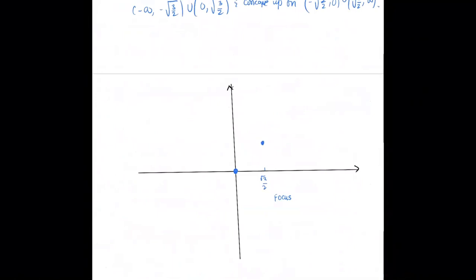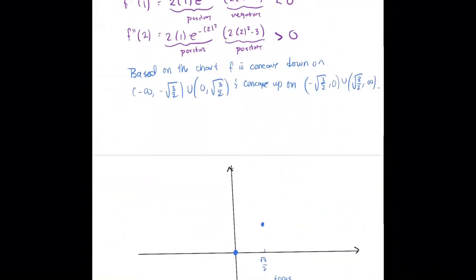And then I look at my concavity. Radical 3/2 is somewhere over here, maybe not that far away, and it says it's concave down from 0 to radical 3/2. That makes sense because I expected this to go like this, but then it's concave up for the rest of the way.